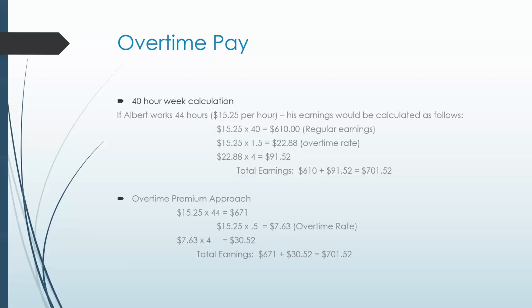The 40-hour week is kind of a standard week, and most employers use that 40-hour week. I worked at a place that had a 37.5-hour work week, and that was the standard work week. So anything beyond that, we were paid overtime for. It really just depends on the employer as to how they set up their work week, and it has to be clear to everybody what the work week is.